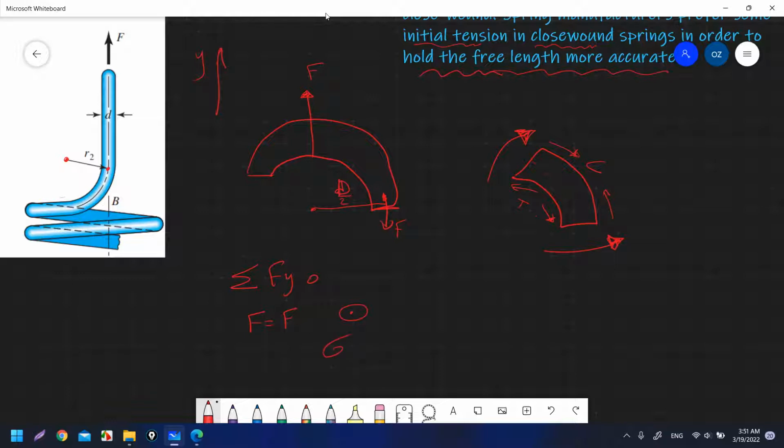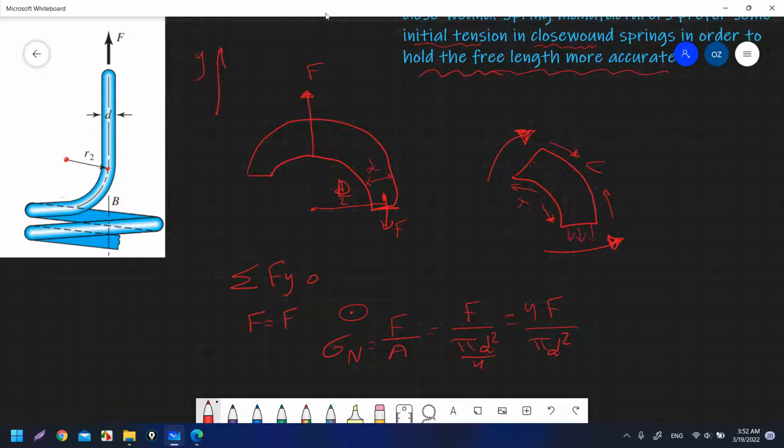So sigma, the normal stress, equals F over A, where A is the wire cross-section: F over pi d squared over 4, which equals 4F over pi d squared.